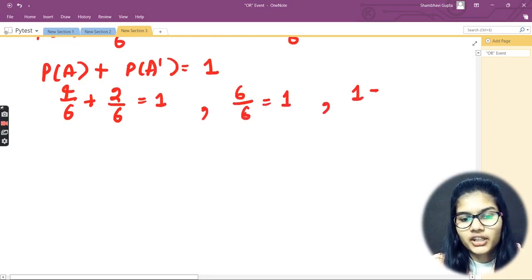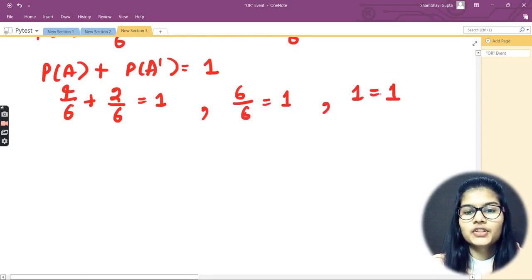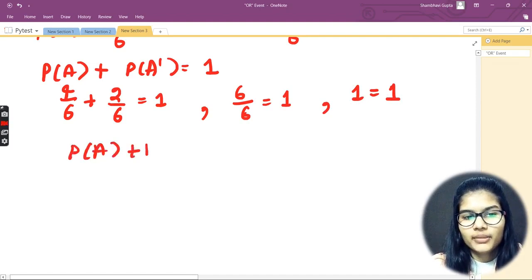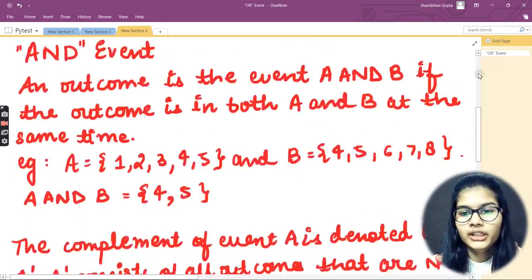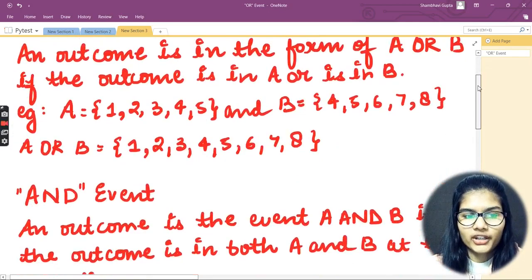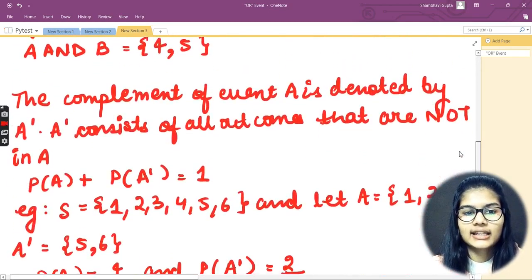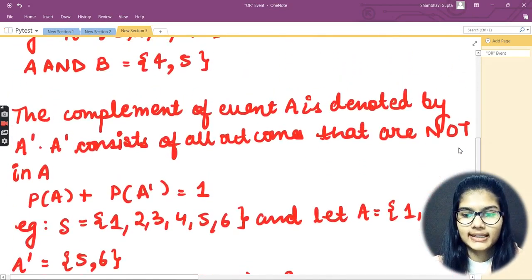So 1 is equal to 1. We verified that the probability of A plus the probability of A prime is equal to 1. I hope I'm clear regarding the OR event, the AND event, and the complement of event A.